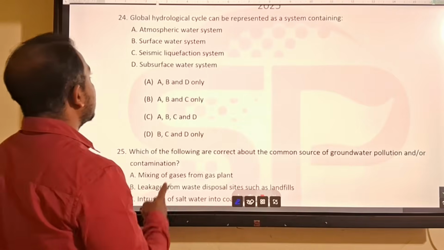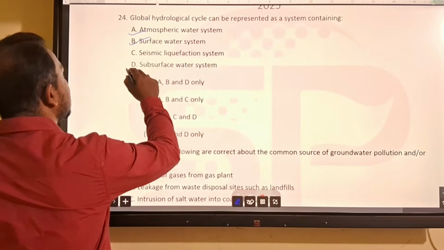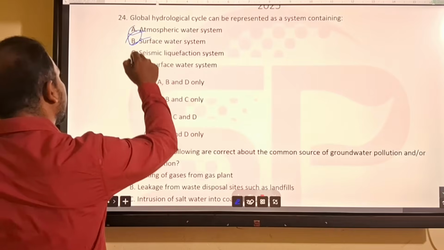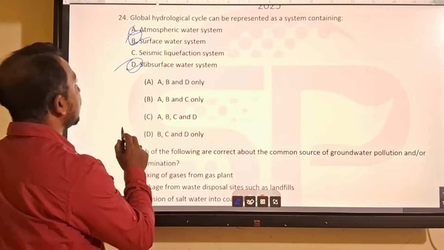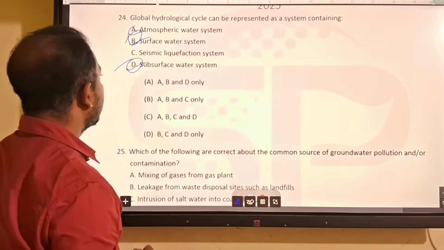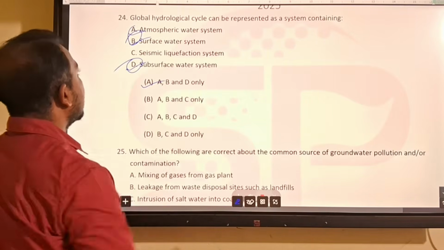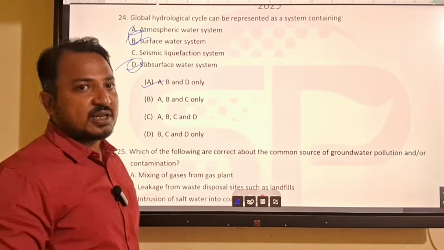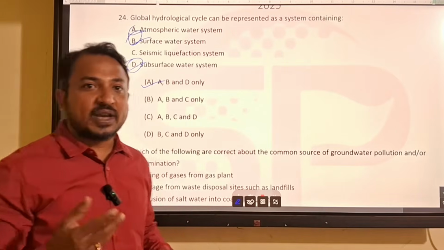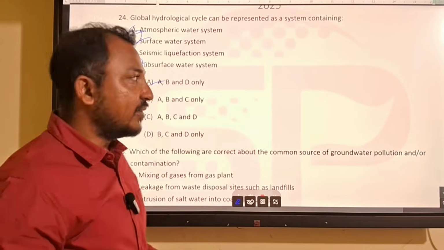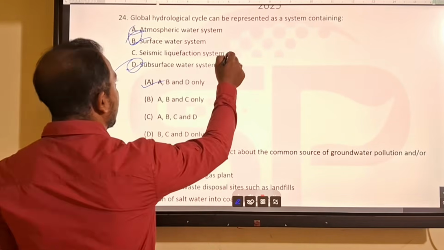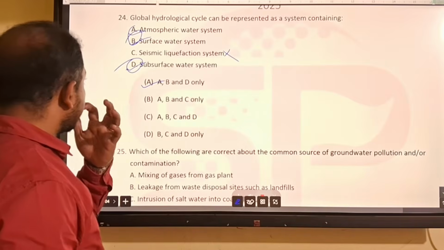So the atmospheric water system, surface water system, and subsurface water system are the components of the hydrological cycle. So it will be A, B, and D. Then the seismic liquefaction system is the liquefaction of sediments during seismic activity, during tectonic activity. So it does not belong to the hydrological cycle.